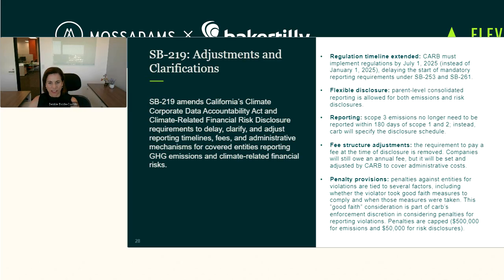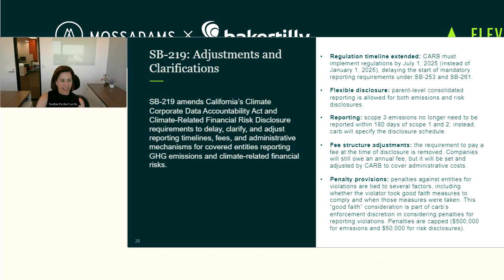The other pieces I just wanted to mention, there is going to be a fee structure, so just keep an eye on that. It's not significantly large, but that will be confirmed in terms of fee to file. But the good faith methods consideration I'd mentioned before. CARB has come out and said, what does good faith mean, and when are we going to be more gentle with our enforcement?